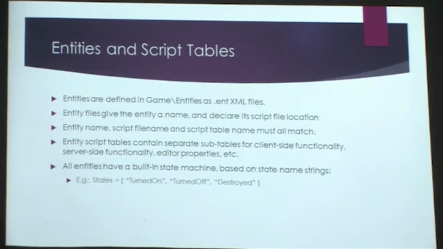Can you explain what the difference between client-side functionality and server-side functionality is for those who aren't familiar with that? The server-side functionality is focused on anything that actually affects the results of gameplay. For example, when we do our target and we're calculating the score from the player's shot, it's handled on the server side. So it's saying, hey, I've been hit, I've calculated the score, this is what your score was.